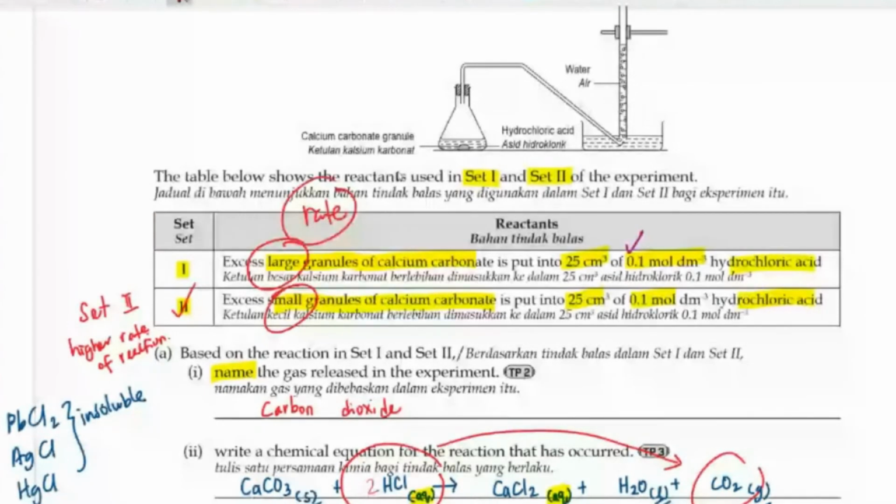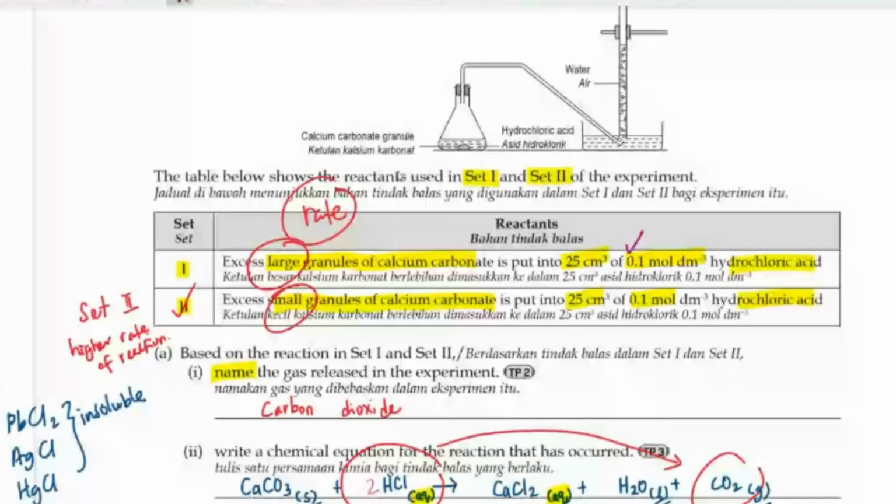So in other words, the volume of the gas released in both sets is the same. Why? Give one reason.